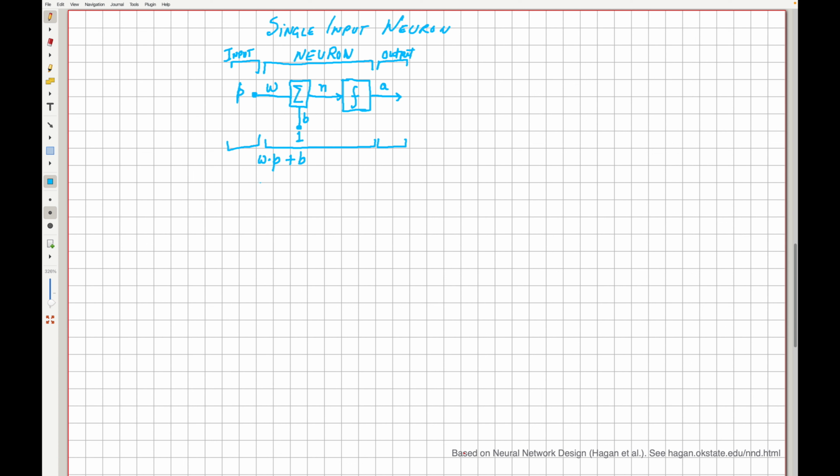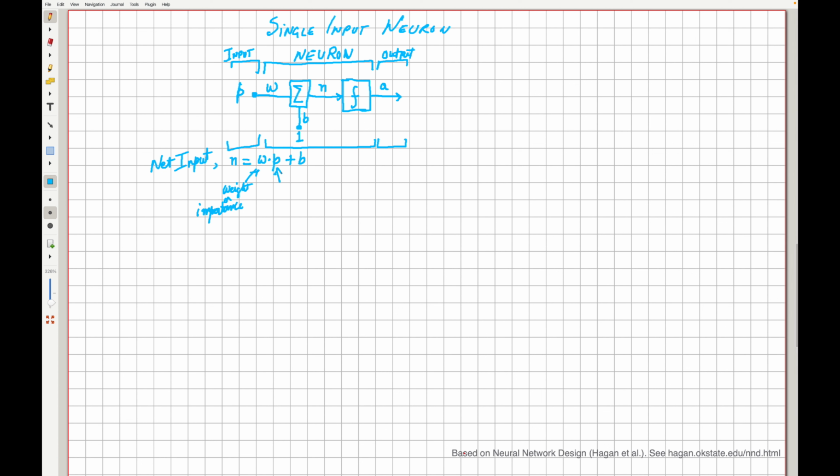Now as far as the equations go, the wp plus b is what we call the net input. So net input n is equal to w times p plus b, where w is the weight, that is the importance for a particular input.